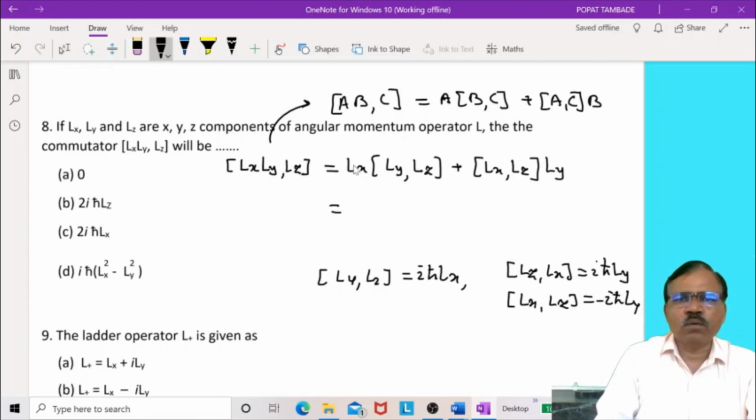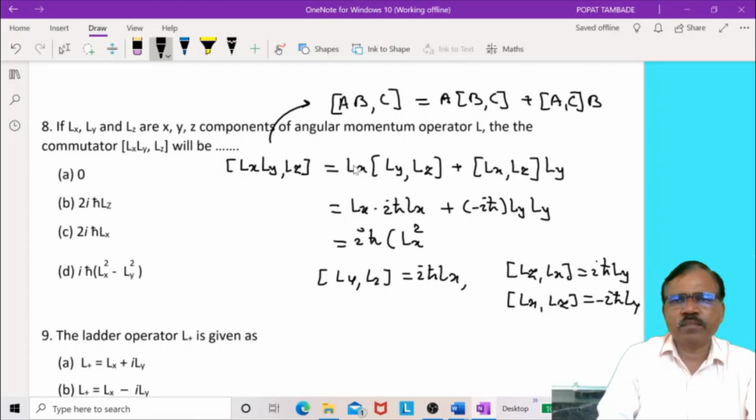So here now Lx into iħ Lx plus, now here, minus iħ Ly multiplied by Ly. So iħ is common, so iħ, in the bracket we can write Lx into Lx, that is Lx squared, and Ly into Ly with a minus sign, that is Ly squared.